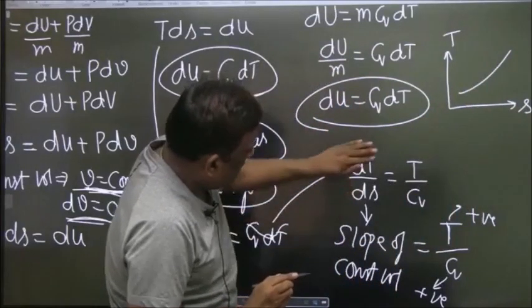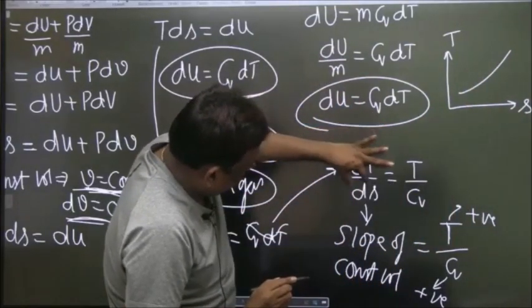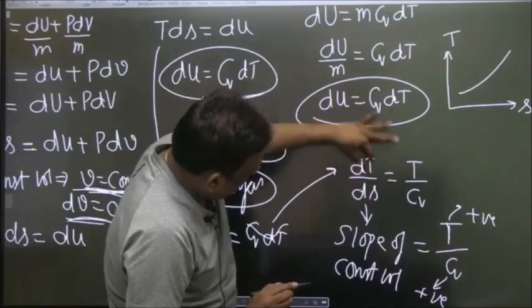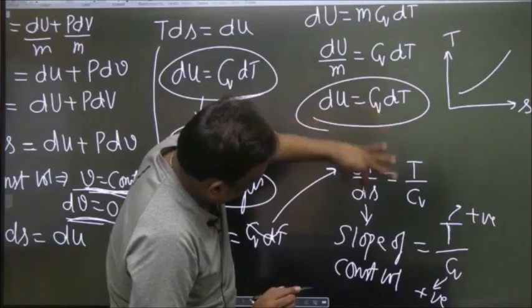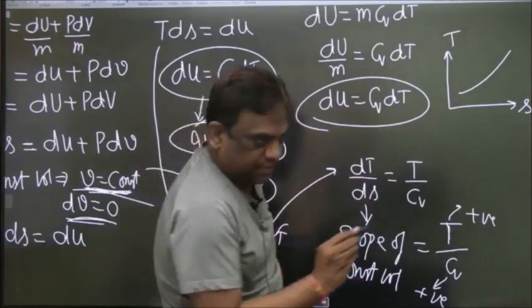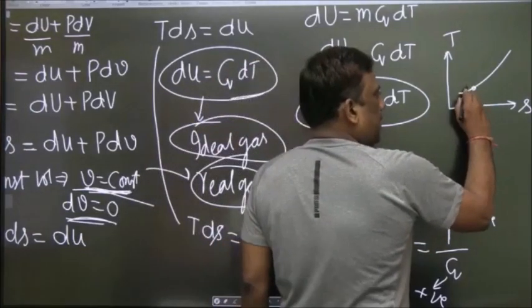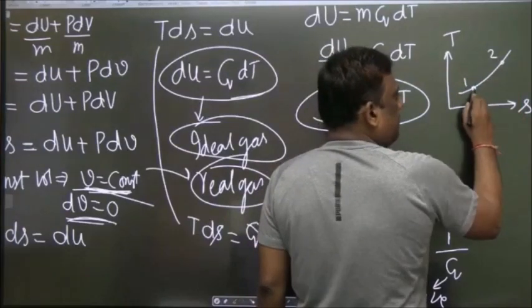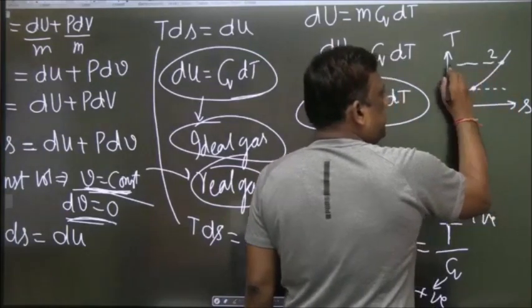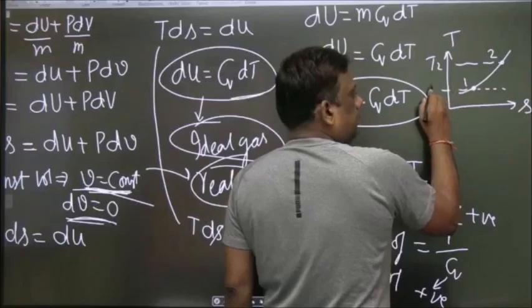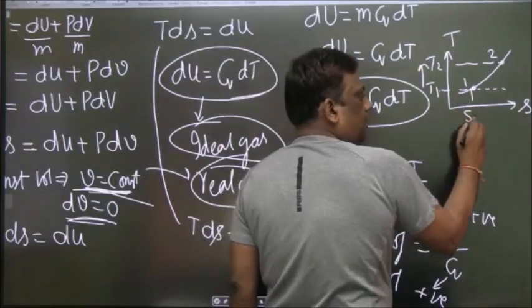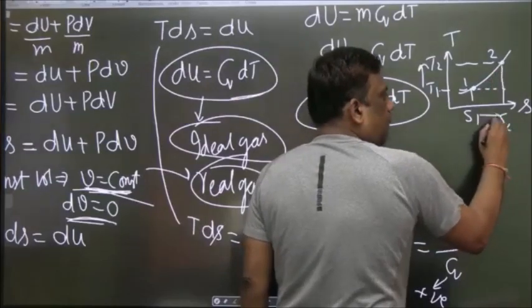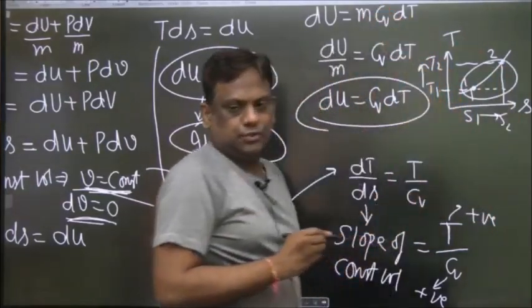When change in temperature is positive, change in entropy is positive. When both are negative, negative by negative is again positive. For example, take point 1 and point 2. Temperature is increasing from 1 to 2 and entropy is increasing from 1 to 2. So it is a positive slope.